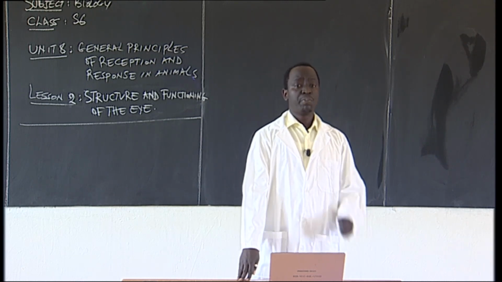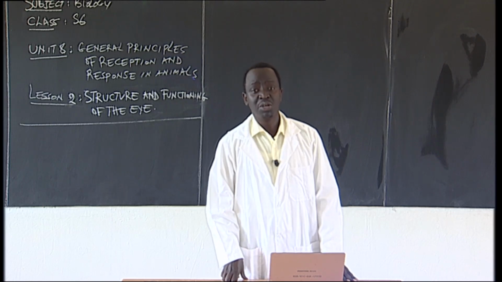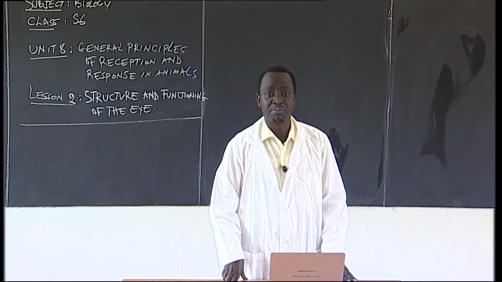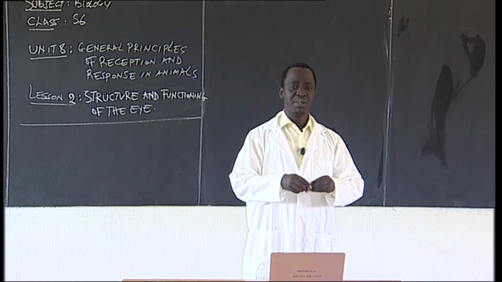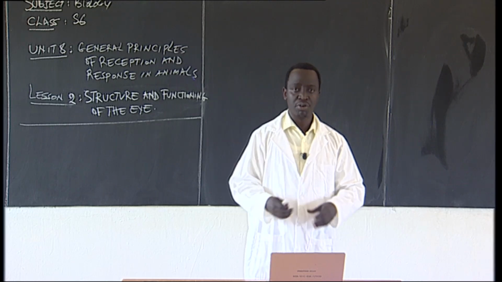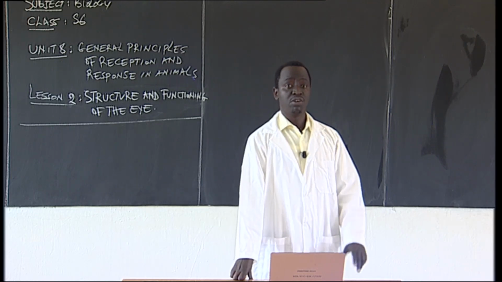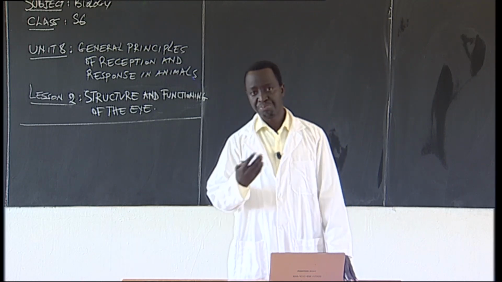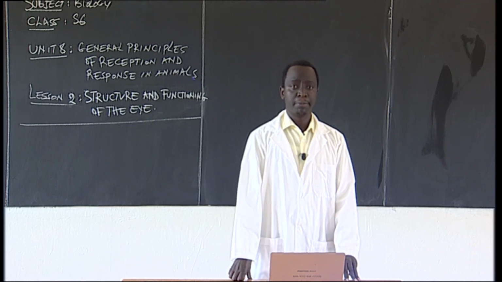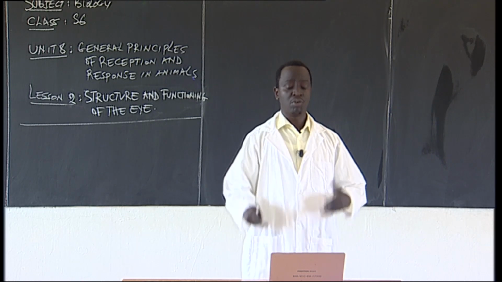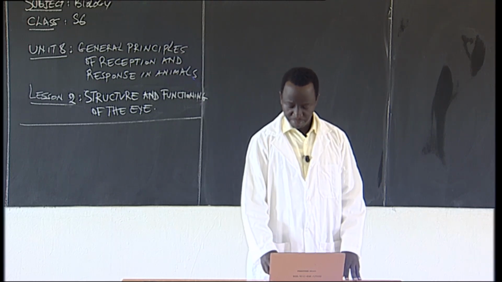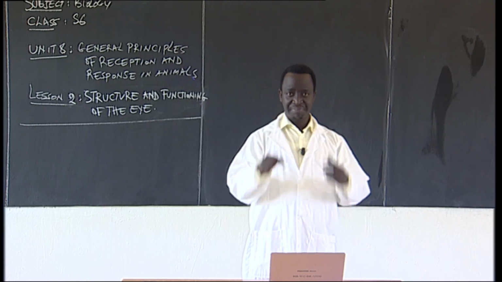Now, for the topic of today, we are going to see one of the sensory organs that contain receptors. One of the organs we're going to talk about is the human eye. What is the role of this human eye? What do we use the eye for?